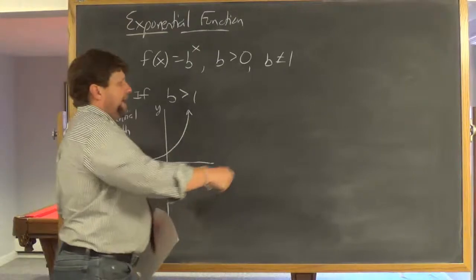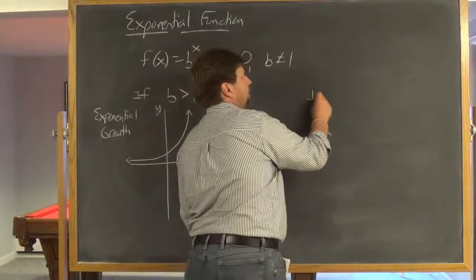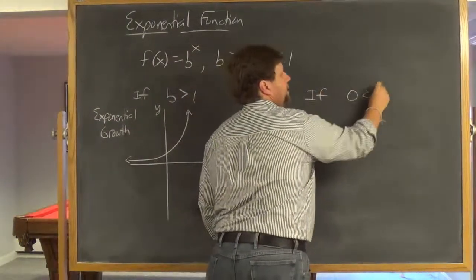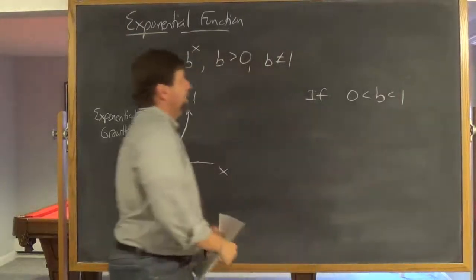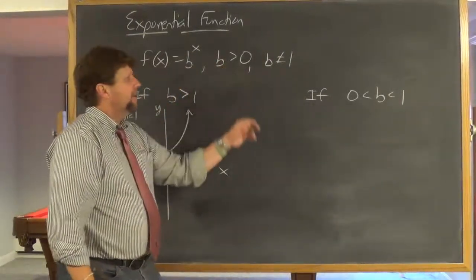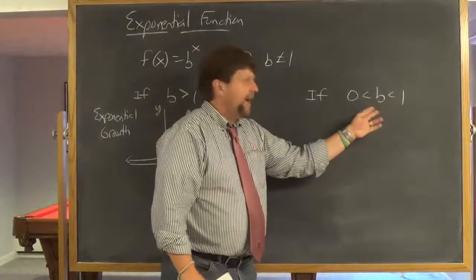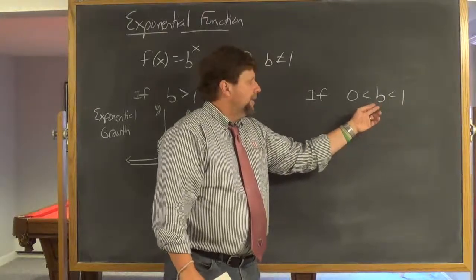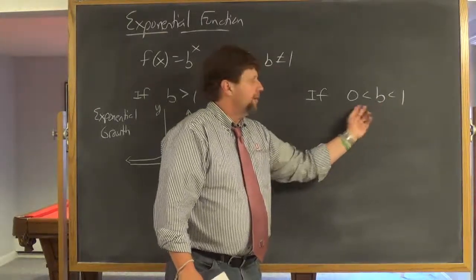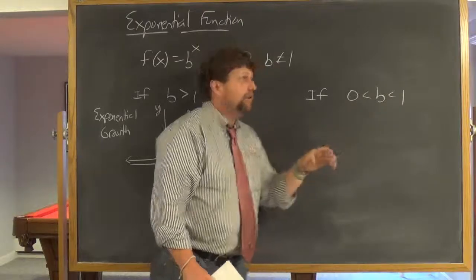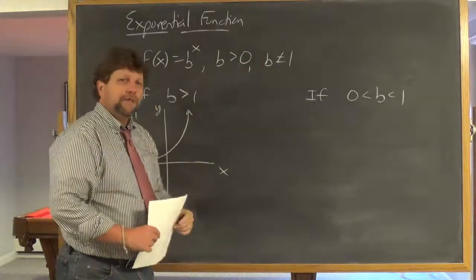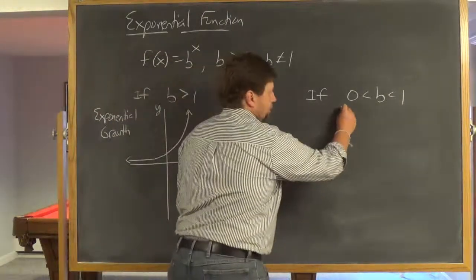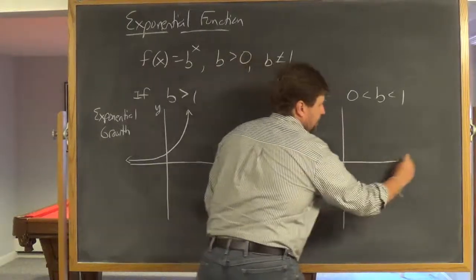Now if the base is a number between 0 and 1. Keep in mind the base has to be greater than 0. So for like a fraction, 1/2, 1/3, or the decimal 0.4, for a number that's between 0 and 1, if the base is between 0 and 1, then the graph is doing something like this.